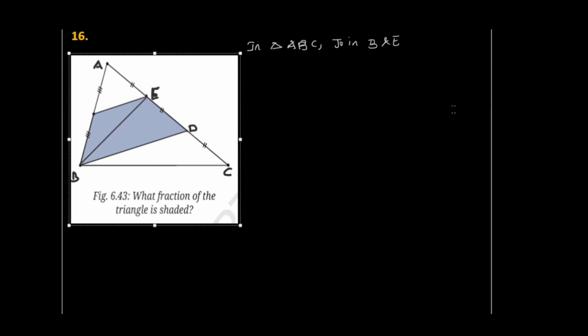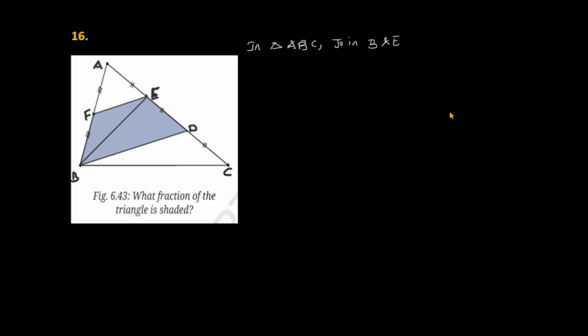Then name one more vertex, this vertex as F. So now BDEF is a trapezium. It is divided into two triangles. So totally we are having four parts here. Take this is part 1, this is 2, this is 3, this is 4. Four parts are there. The triangle ABC is divided into four parts.